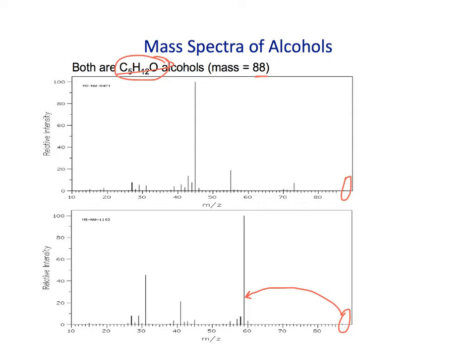An important thing about all of these techniques, especially until we get to NMR, is that, for one thing, we're not going to be able to determine what each of these ions are.